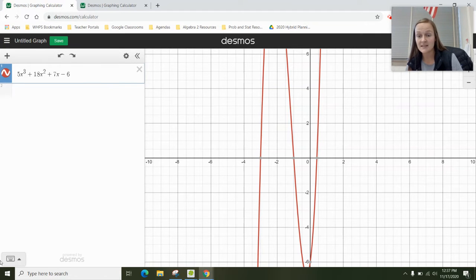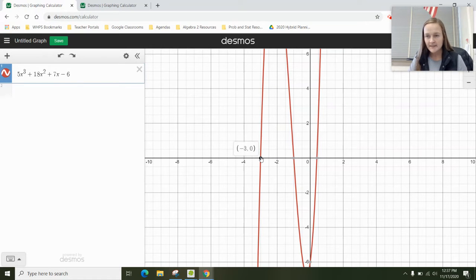You really just need to find 1 zero. So I see this one nice right here, and I'm going to write that down on my paper. The zero is (-3, 0). Now, if you have the packet in front of you, you can circle that on your page, and we're going to just use that.